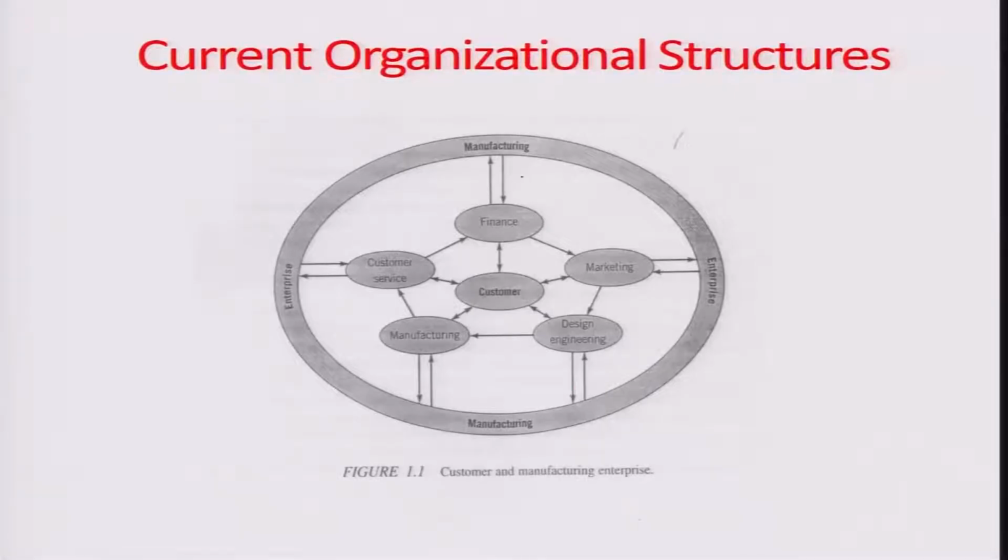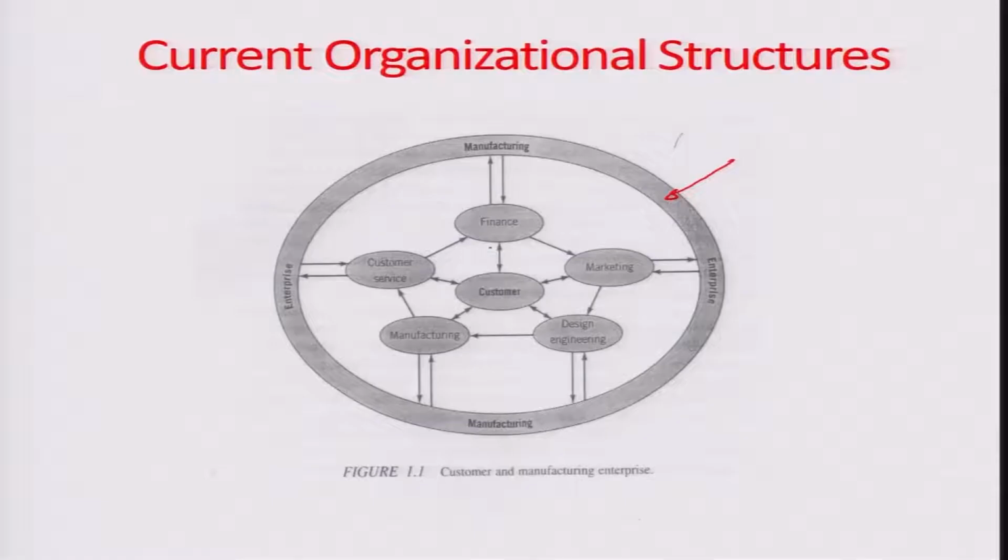So, the concurrent engineering concept really emerges from the modern day organizational structure, which is being represented here, which shows that ultimately any manufacturing enterprise, where the goal is to produce something of value added, something that provides value to the society, really comprises a very close interaction between the various wings associated with this manufacturing organization.